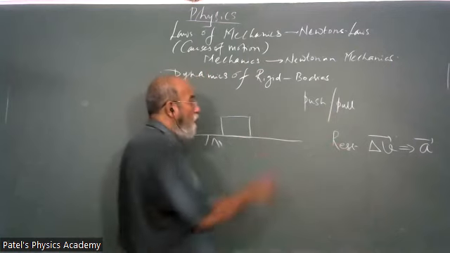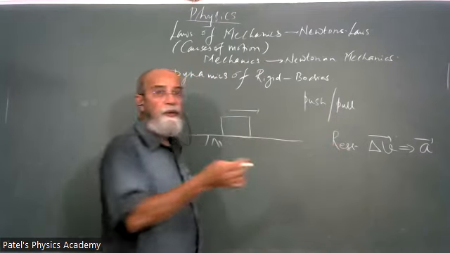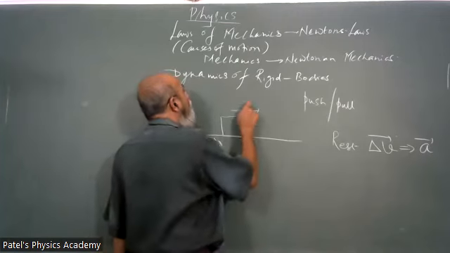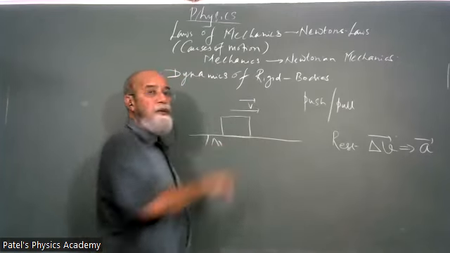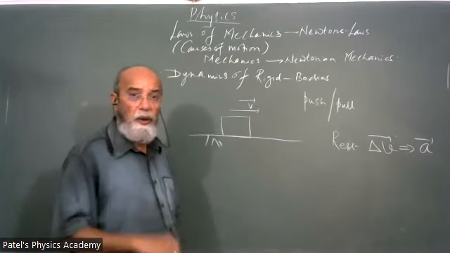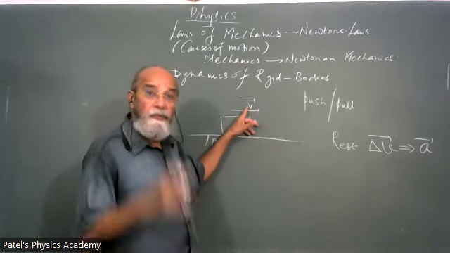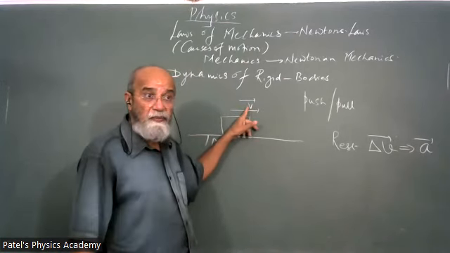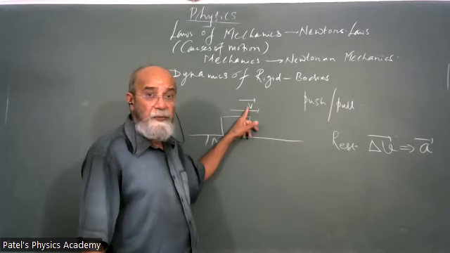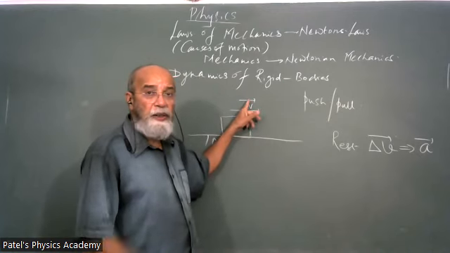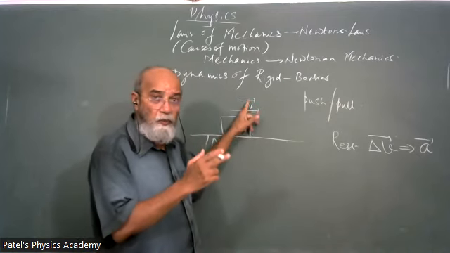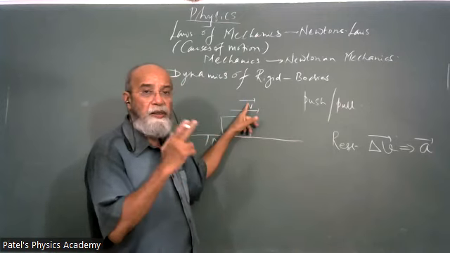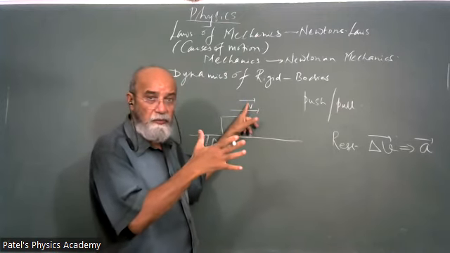This object, to start off with, could be having a velocity. We are clear what it means, right? It has a speed and it has a direction. Both together, we say it has a velocity.